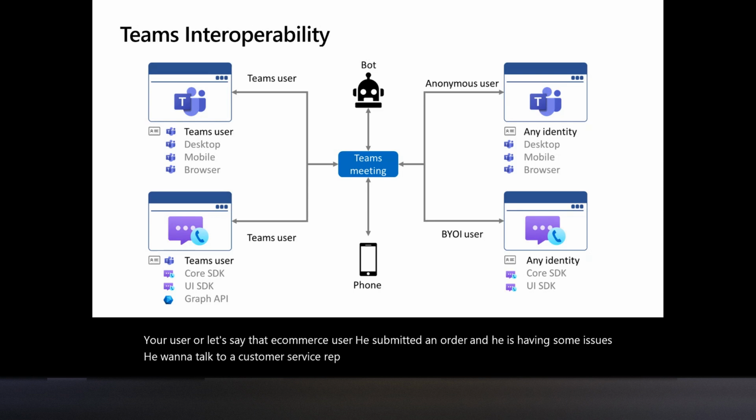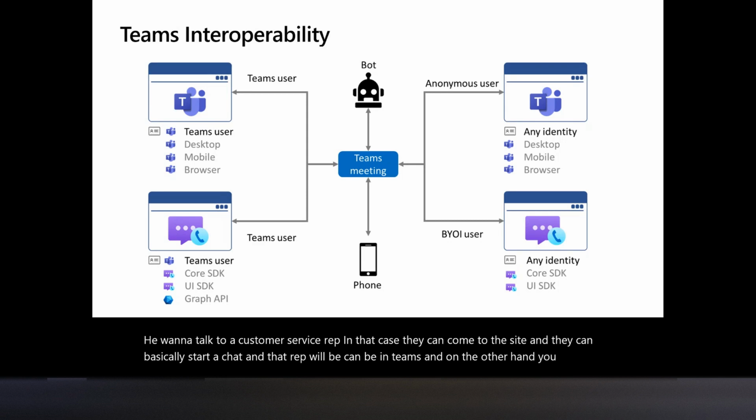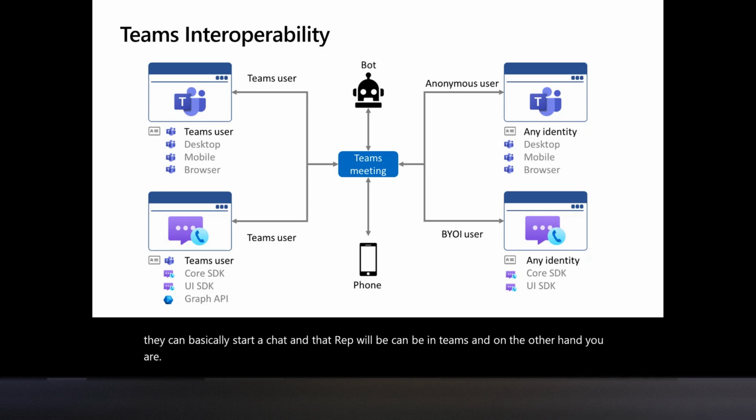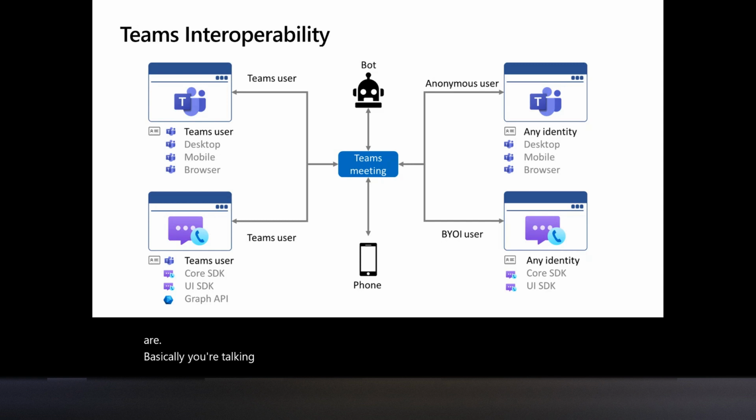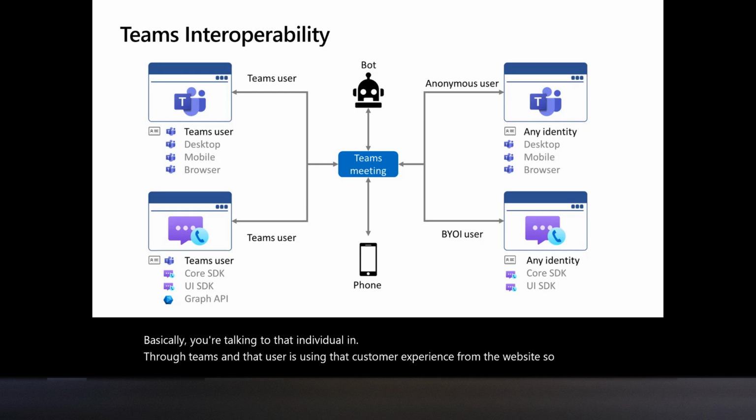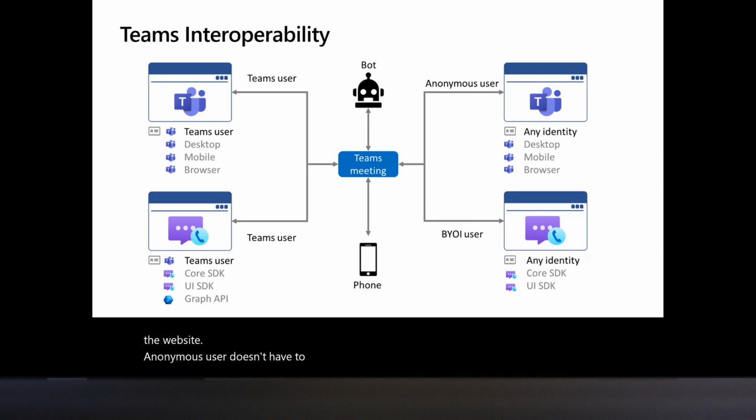In that case, he can come to the site and start a chat, and that rep can be in Teams, talking to that individual through Teams, while the user is using that custom experience from the website. You own the website. The anonymous user doesn't have to be signed into Teams. So these are the two ways you can connect to it.